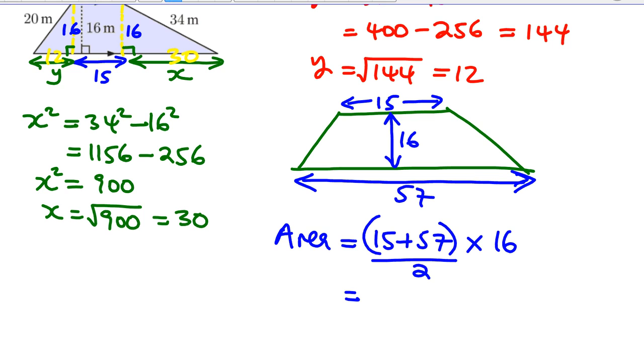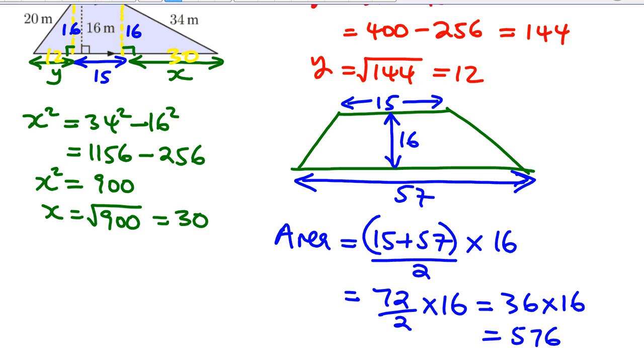So that will be 72 divided by 2 multiplied by 16, which is 36 multiplied by 16, which will give you 576 meters squared. There are many different ways of doing it, but this is just one of the ways that you can use to work out this question.